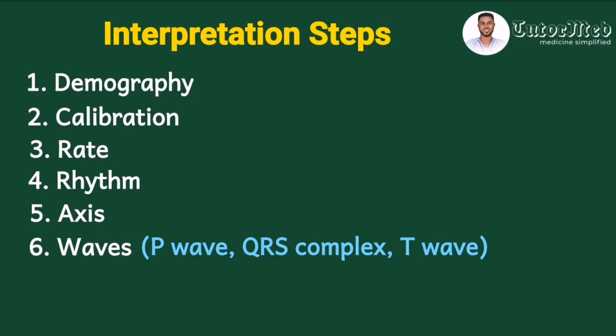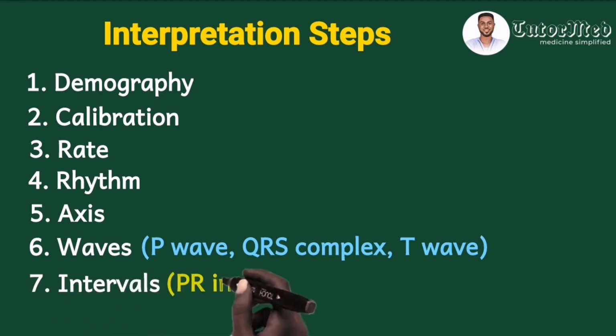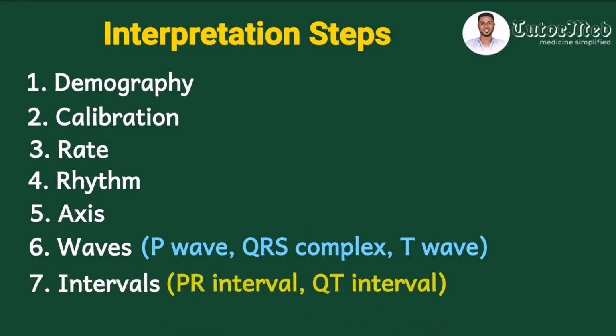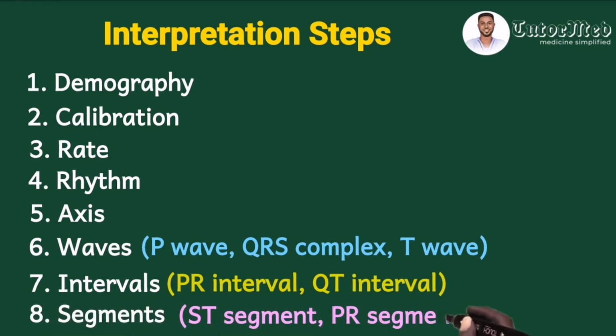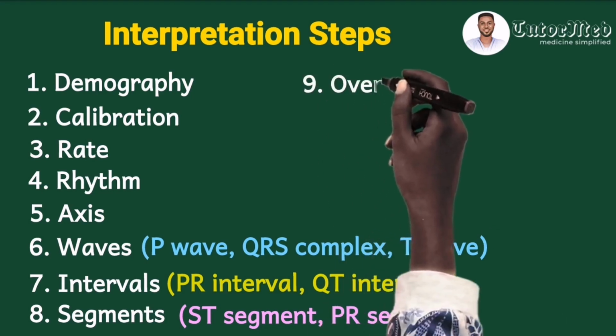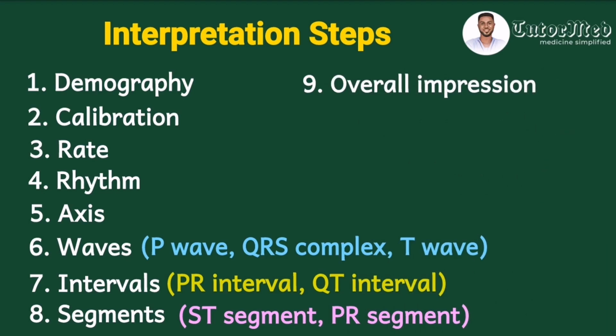And from the waves you move to the intervals. We have the PR interval and the QT interval, and then the segments. For the segments, we have the ST segment and the PR segment. Lastly, the overall impression. And as mentioned earlier, we are on step 6, and in this video, we will be treating the P wave.